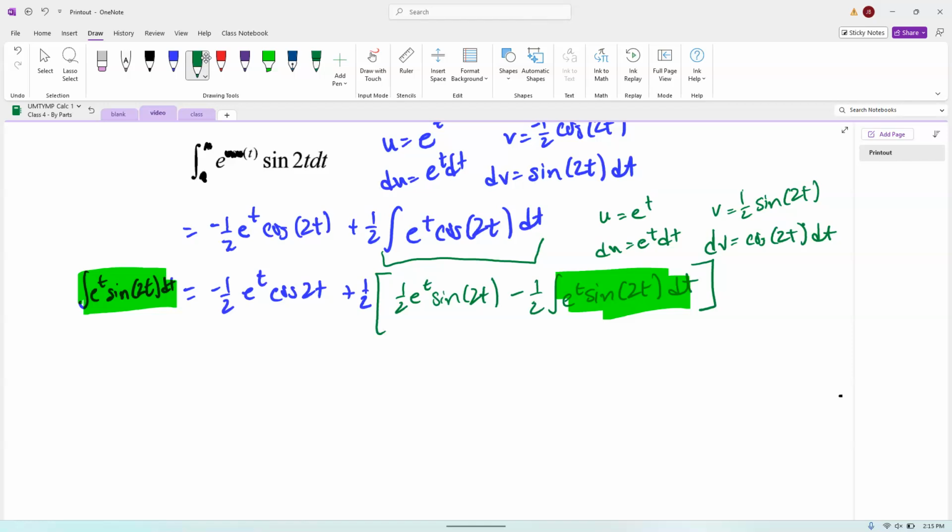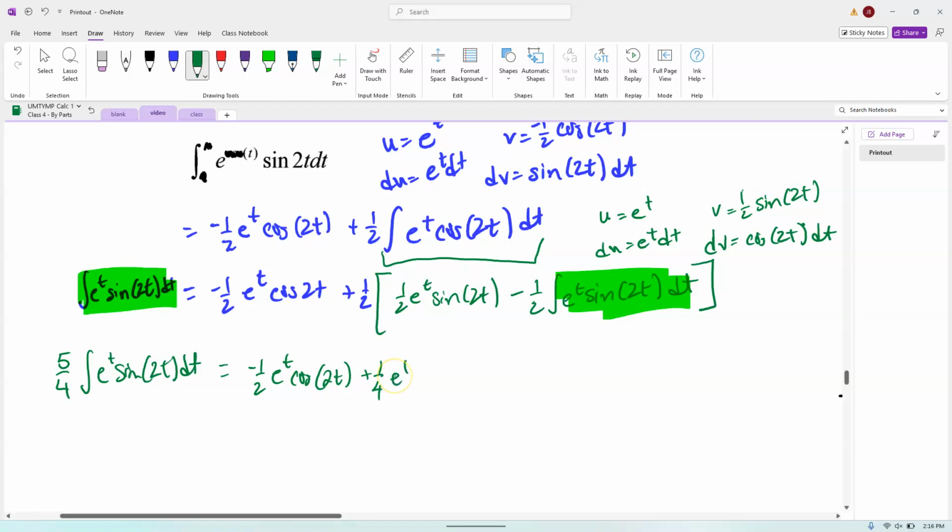So if I move it over, I'd have 5/4 integral e to the t sine of 2t dt is equal to negative 1/2 e to the t cosine 2t plus 1/4 e to the t sine 2t. Okay? And so then, if I really just want to solve for the integral, as was the original problem, get rid of the 5/4 and I'm done.